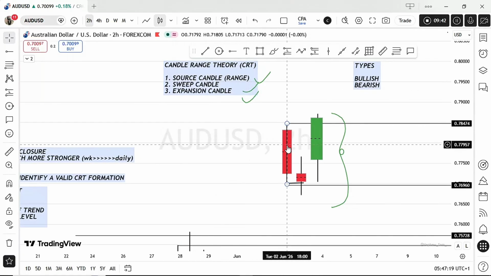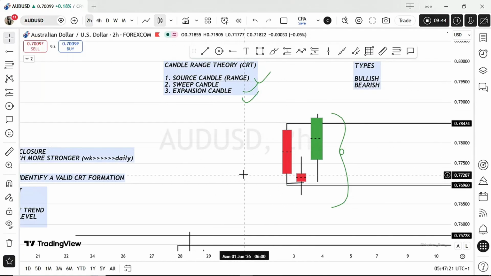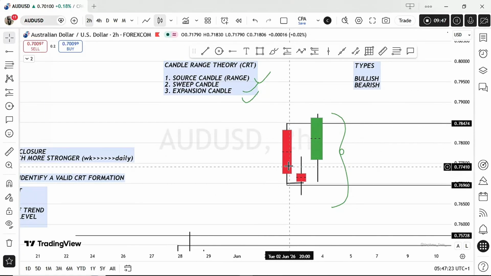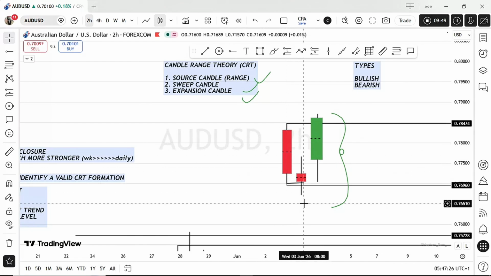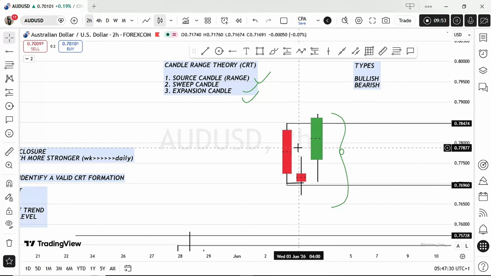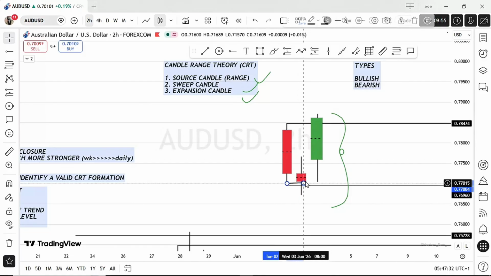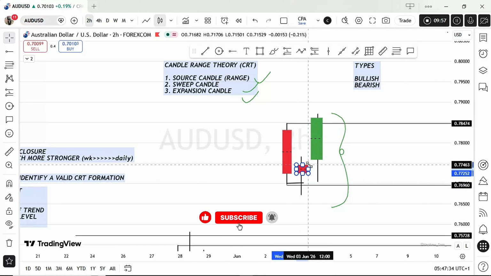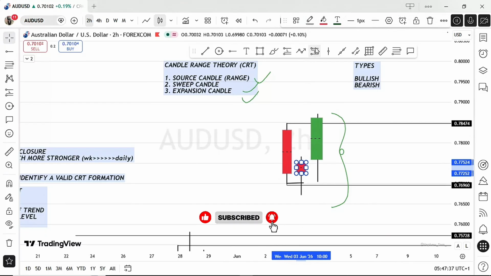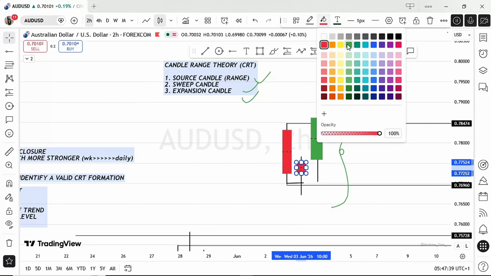For a bullish CRT pattern, you want to ensure that the source candle is what? The source candle for a bullish CRT formation, you want to ensure that the source candle is a bearish candle close, and the sweep candle is a bullish close. Do you understand it? You want this one to close this way. It is very strong.